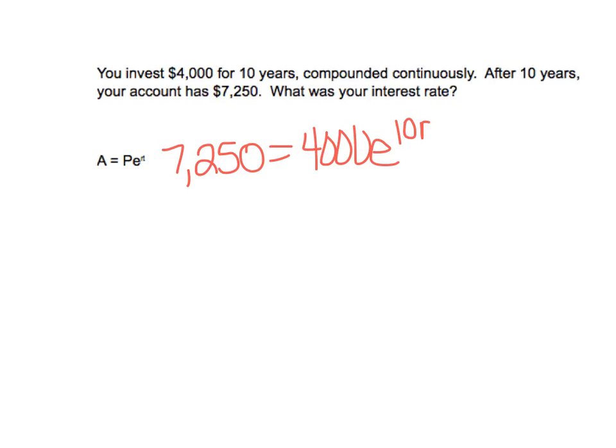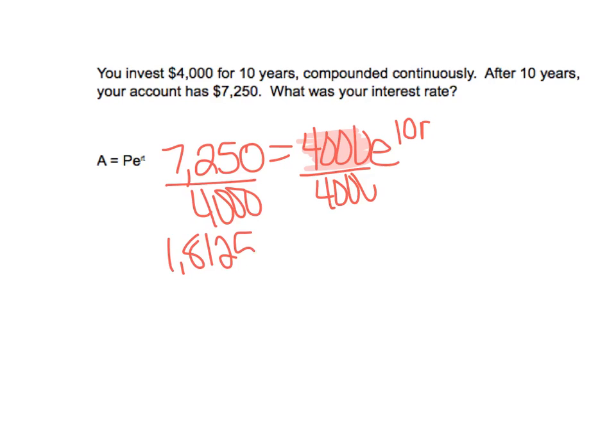Again, the first thing we want to do is to get rid of that 4,000 that is the coefficient. So we're going to divide both sides by 4,000. And we get 1.8125 equals e to the 10r.